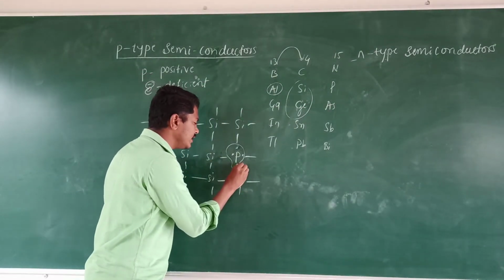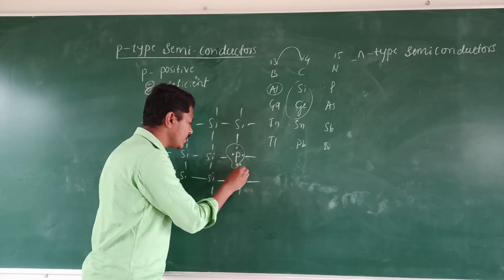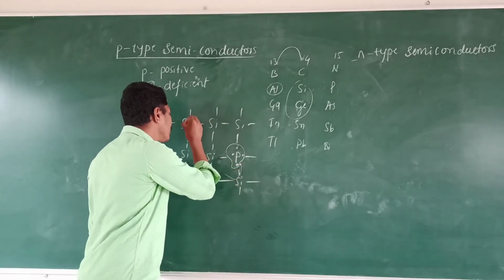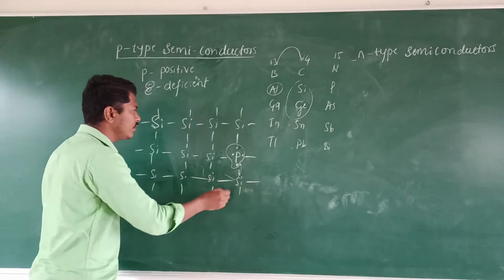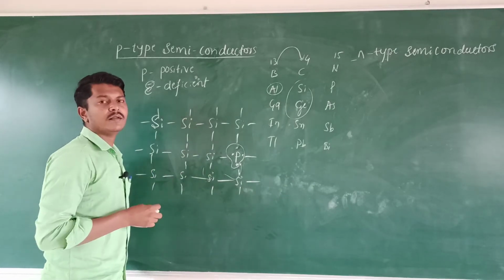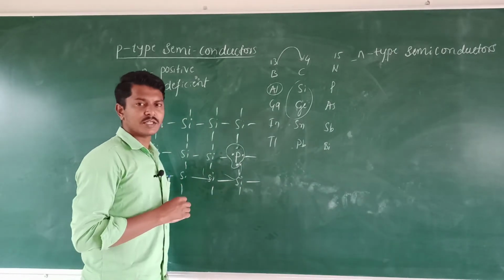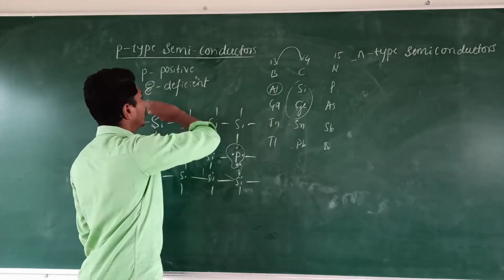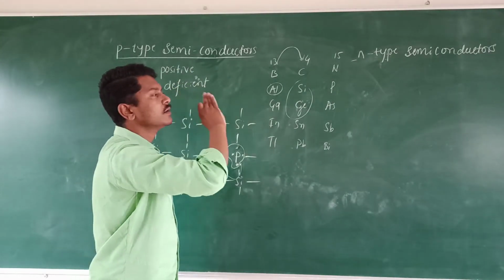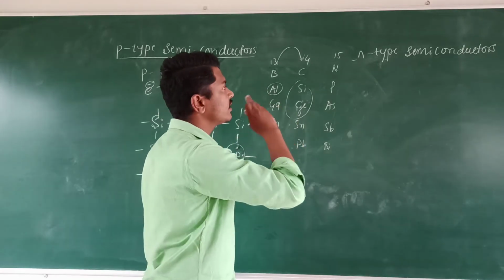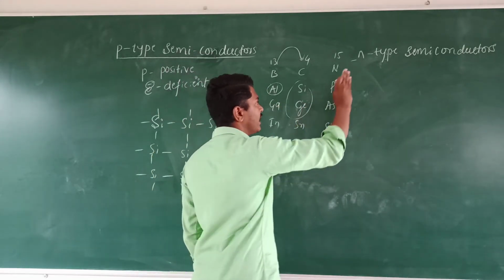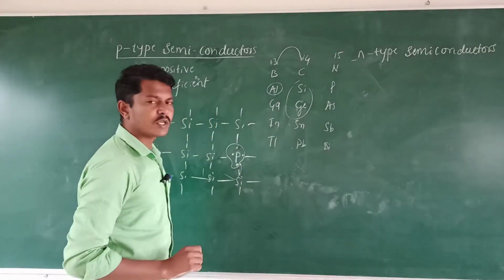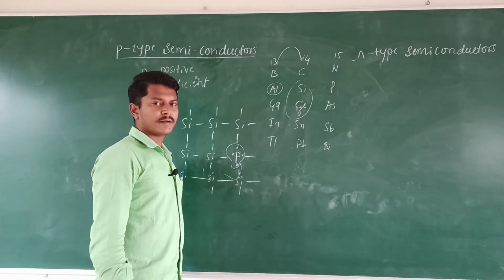This electron is mobile in nature, so it is continuously in motion when connected to an external circuit. Got it? In P-type, holes are responsible as the charge carriers. In N-type, electrons are responsible as the charge carriers.